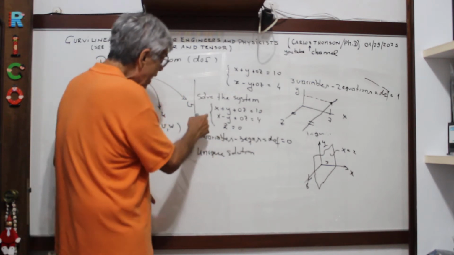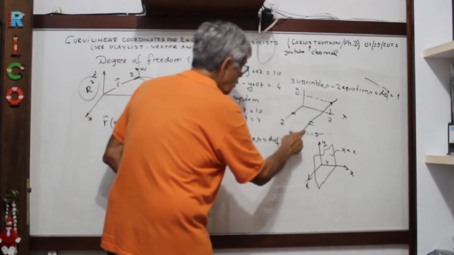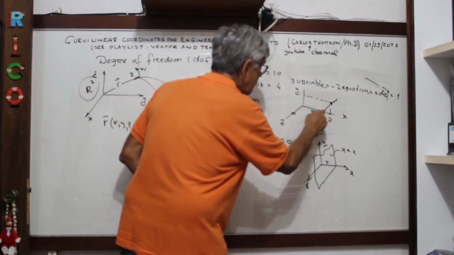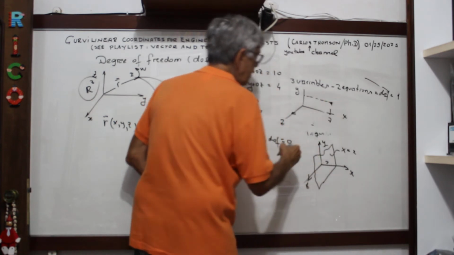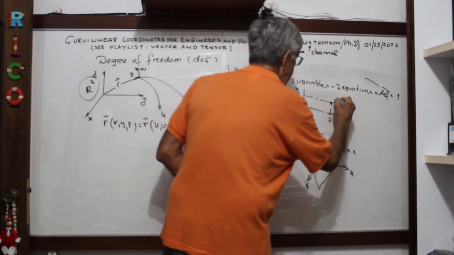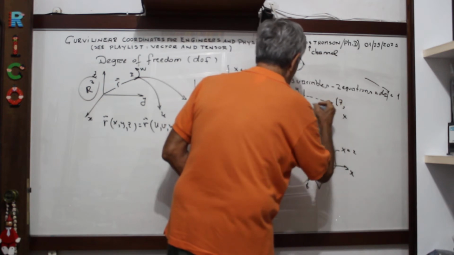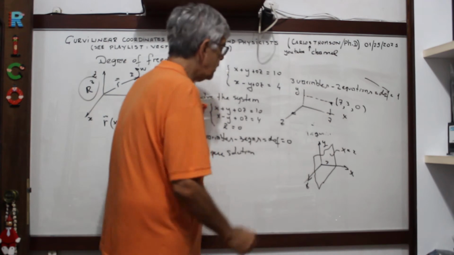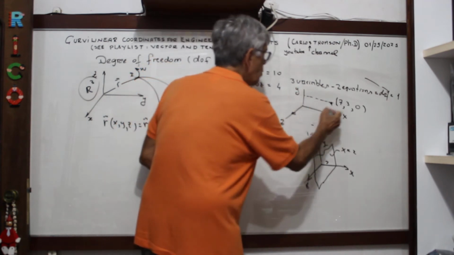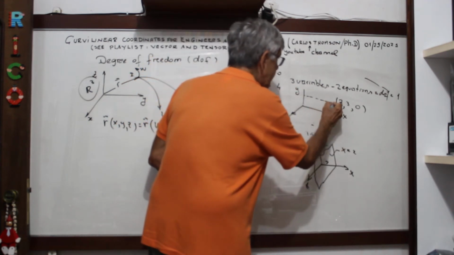So the graph of this, look, is just a point here. This is the point x = 7, y = 3, and z = 0. Okay, z = 0 is the xy plane, and this is a point.